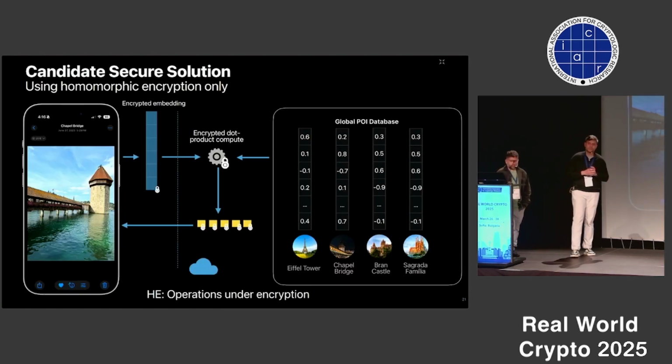So one candidate approach is you can just use HE directly. What do you do? You encrypt this embedding with a secret key that stays on the device, send this encrypted embedding to the server, compute all these scores in the ciphertext space, and then you get all these scores down to the device where you decrypt them and you select the maximum score. Great, this is possible.